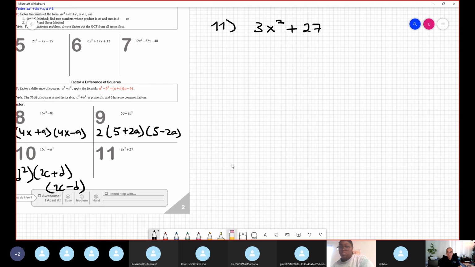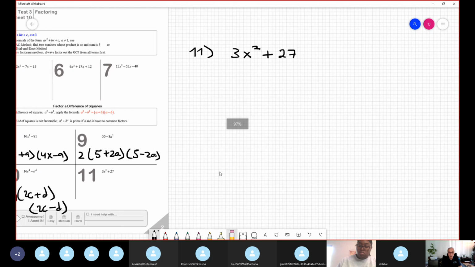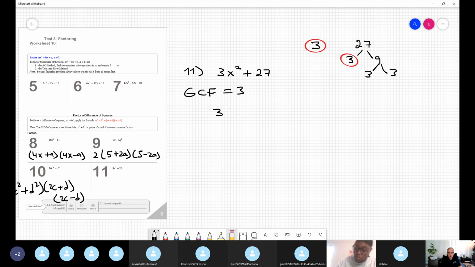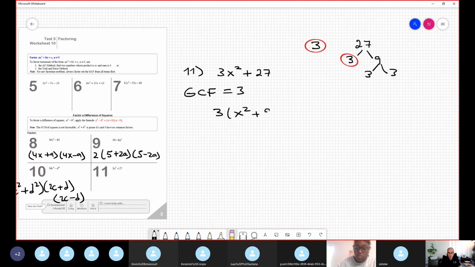I know that the sum of squares is not factorable, but in this case, you need to try if it's possible to find the GCF. The GCF is obviously 3, because 3 and 27 is 3 and 9, 3 and 3. 27 is formed by 3 factors, and 3 is a prime number, so it's only 1. So at least they share one factor, which is 3. Now you factor out 3 and you stay with x squared plus 9.